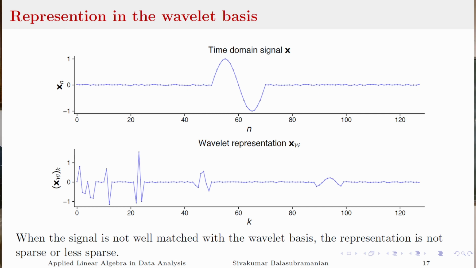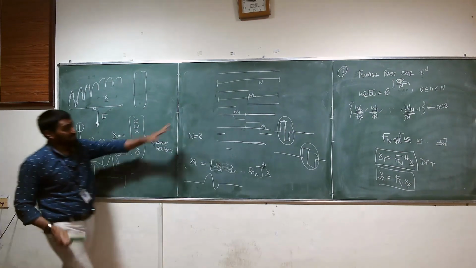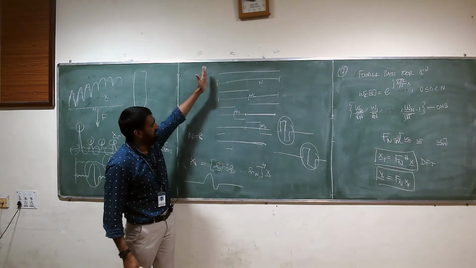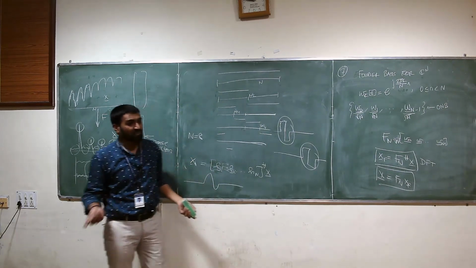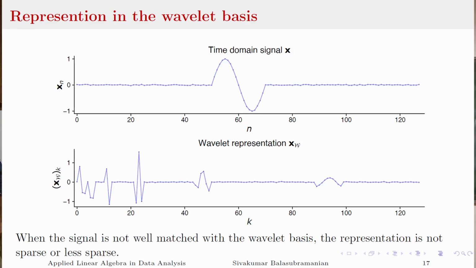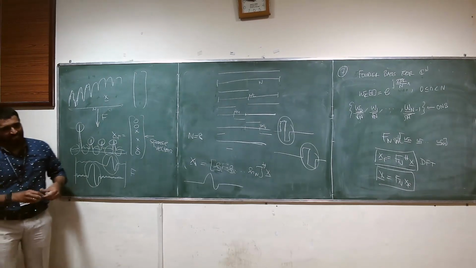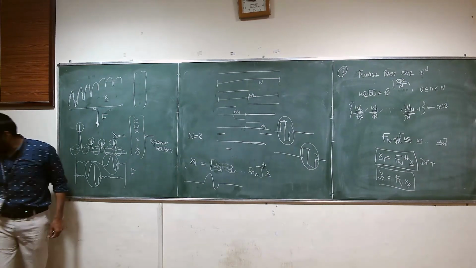Which is to demonstrate that if you have a signal which does not match any of your Haar wavelet basis functions, then you'd still get a non-sparse representation. So you can come up with a signal where the Haar wavelet has non-zero values for all of its coefficients. Okay, so the basic idea that I'm trying to convey is you might have a signal X, a time domain signal.